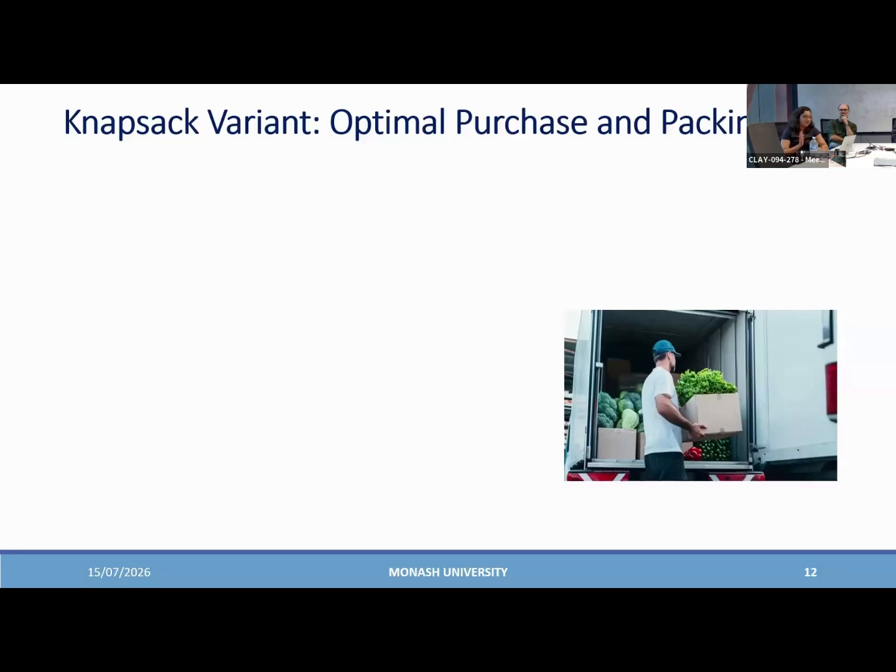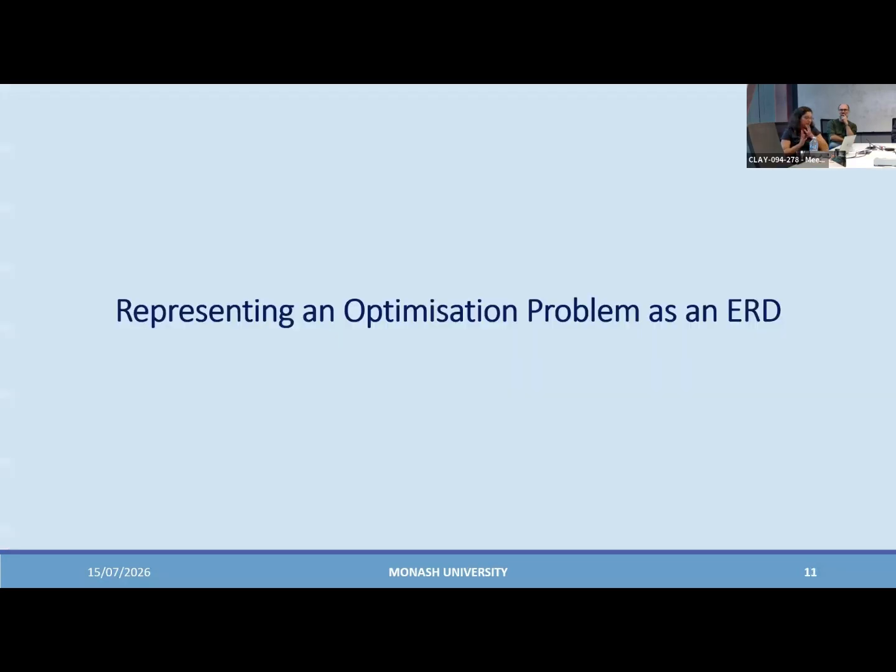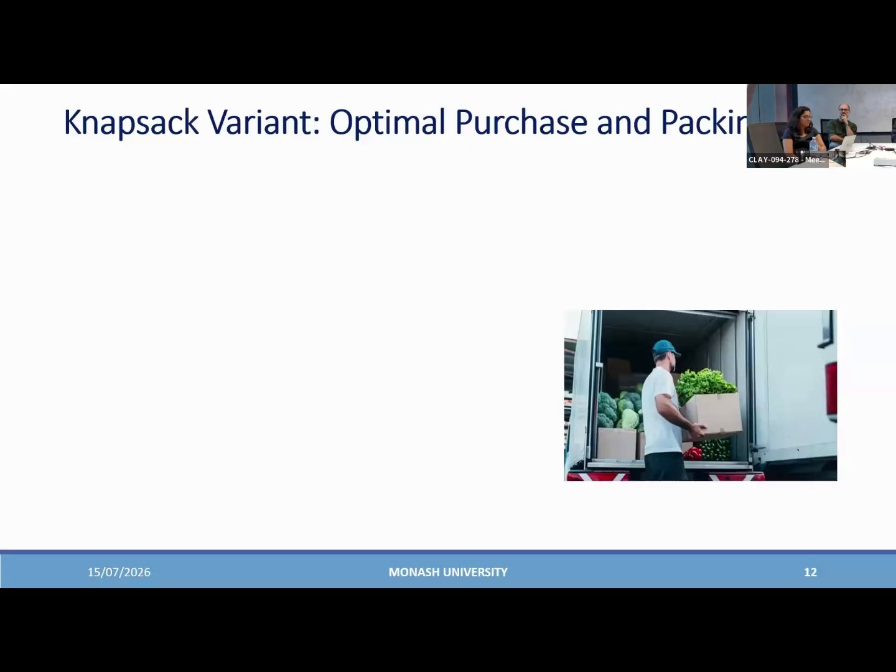So let's have a look at how far we can go with representing an optimization problem using an ERD. To do that, I'm first going to introduce you to a hypothetical knapsack variant problem. The idea is to produce an optimal purchase and packing plan.